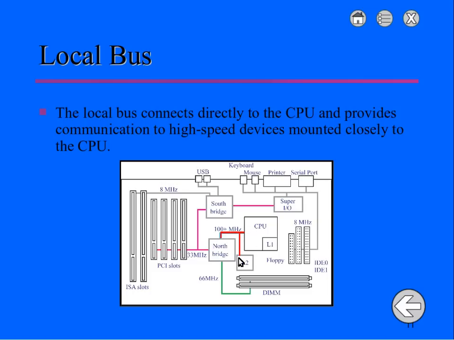It also may connect to an external cache memory, a very high-speed memory that the CPU uses for program execution and runs at a very high speed. So the local bus speed affects the performance of the computer very directly, because the CPU is restricted by how fast the data can go in and out of the CPU.